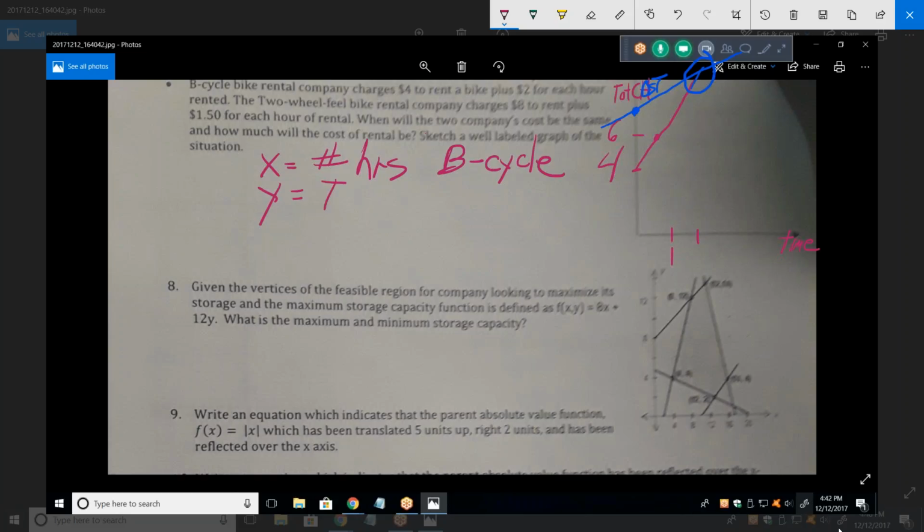The number of hours for. Not the number of hours, the total cost. Oh. In other words, because that question's asking about the costs, then Y, if you look at my vertical axis, that's the cost. So total cost for B-Cycle. Okay, now give me an equation for the red line. Y equals what?